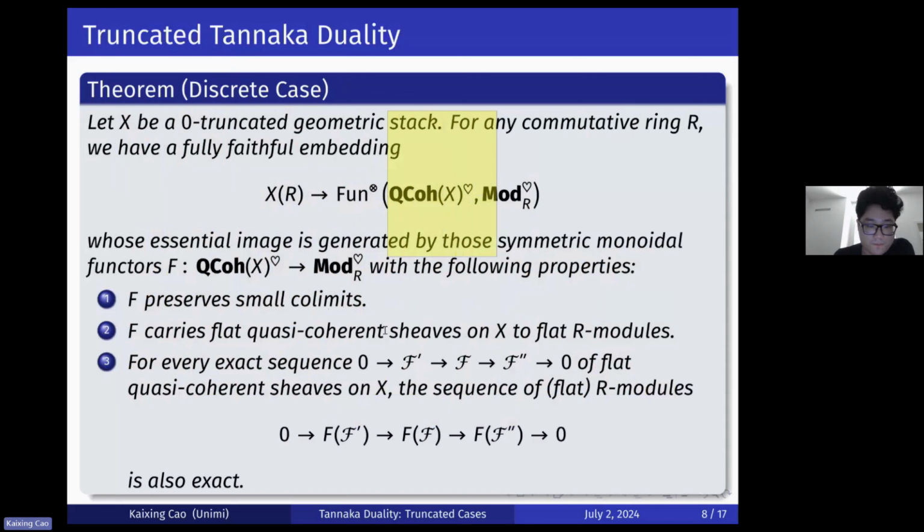But the problem is we don't know how to describe the second and the third condition in the untruncated case, because as I said, here we have abelian categories, and we have good definitions for the exact sequence and something like that.